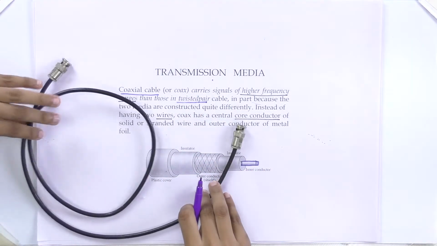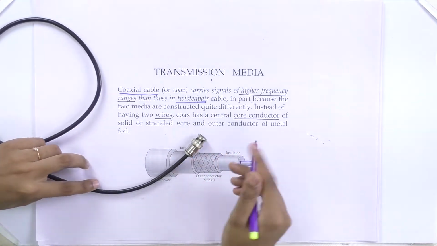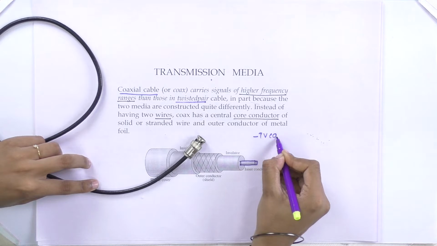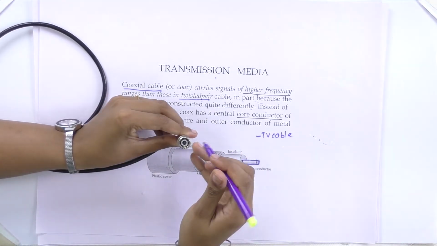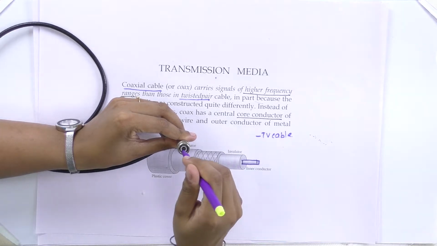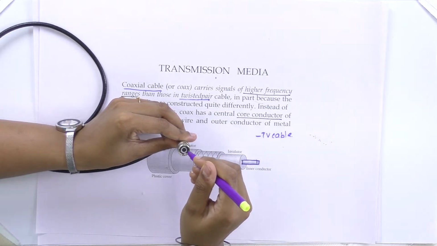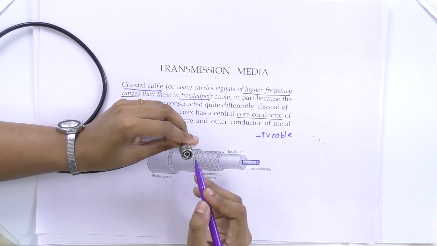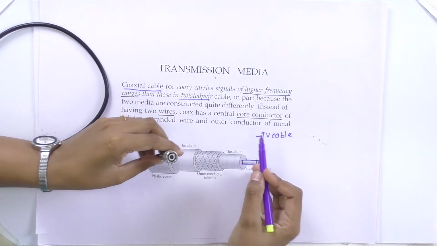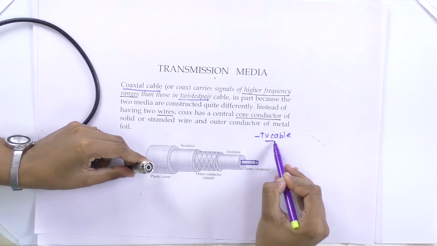This is an example of a coaxial cable, which is nothing but your TV cable. The central part is the inner conductor, next is an insulator, and next is an outer shield. This is your coaxial cable, which is mainly used in TV cables.